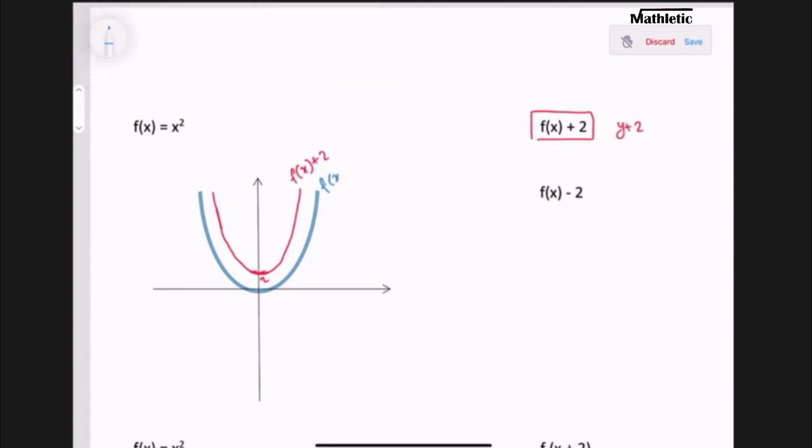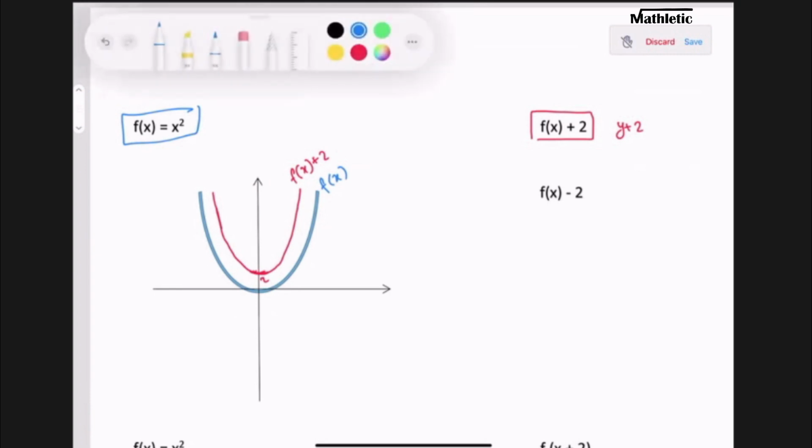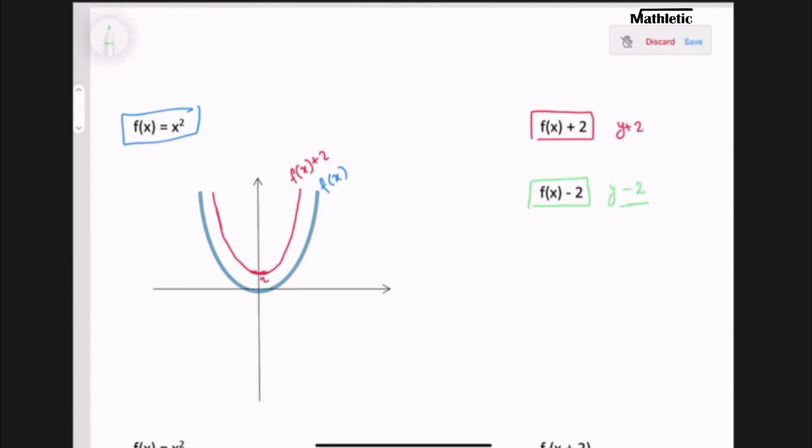The blue one was the original, f of x, which was just the quadratic equation y equals x squared. For the next one, f of x minus 2, we are deducting 2 from the y coordinates. So this 0 will be at minus 2, then 2 will be at 0, and 4 will be at 2.